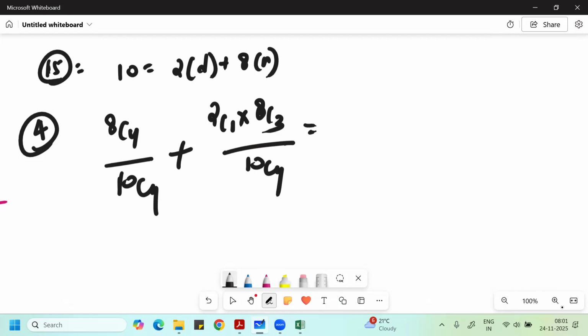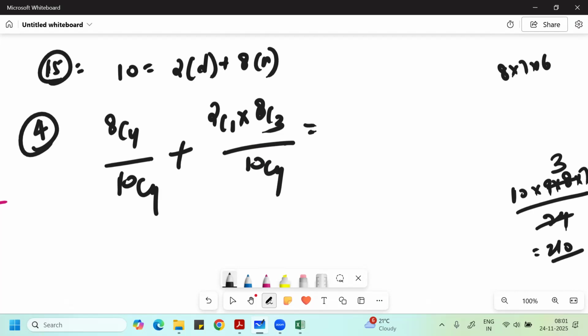So just solve this. What is 10C4? 10 into 9 into 8 into 7 by 4 factorial, 24. It is 210. And 8C4 is 8 into 7 into 6 into 5 by 24, which is 70.